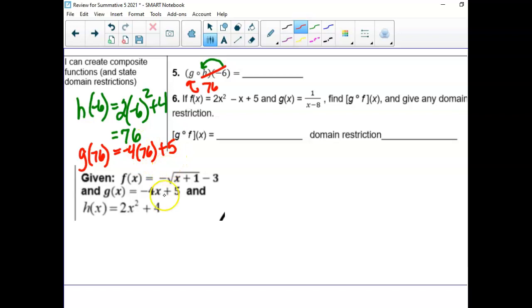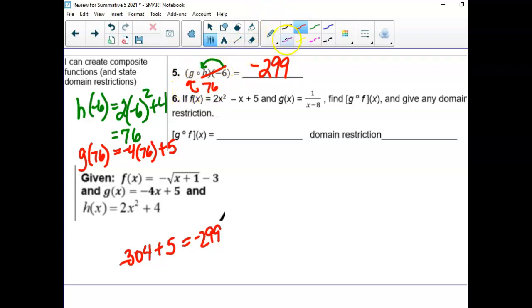I don't know what that is. -304 plus 5, -299. Okay, how you feeling about that? Do you need to practice another one? You okay? Just do it backwards. Put -6 into the h and then that answer into the g.